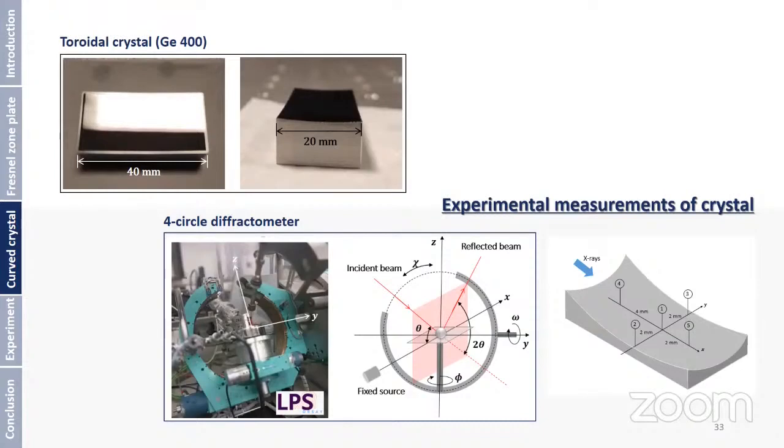The full-circle diffractometer is capable of rotating the crystal about 3 axes, and it measures the crystal parameters by scanning the crystal diffraction responses at different rotation angles. We tested 5 different positions around the center of the toroidal crystal.